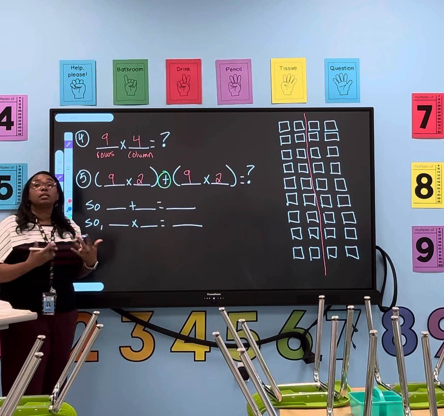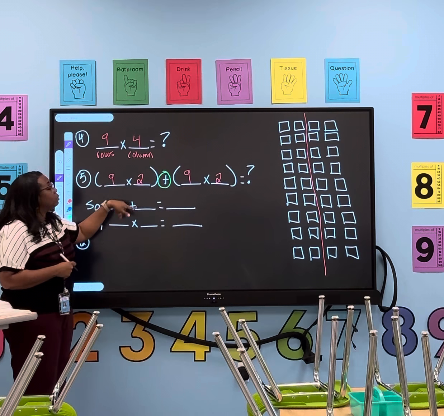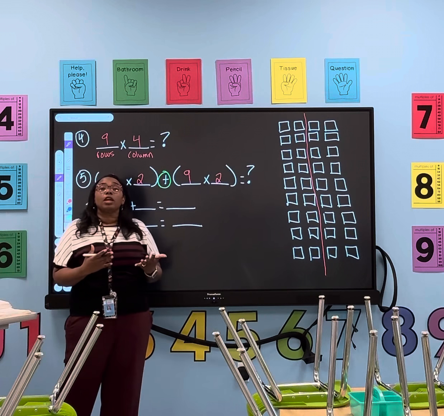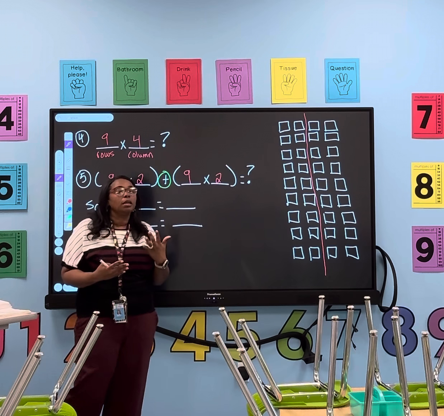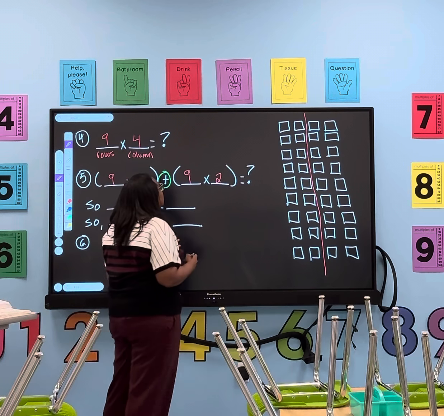Okay, so now we need to solve these multiplication equations. We need to figure out what's 9 times 2. Well, like I said, we practiced our skip counting by 2s, so we can just skip count by 2. So that's what I'm going to do on the side.